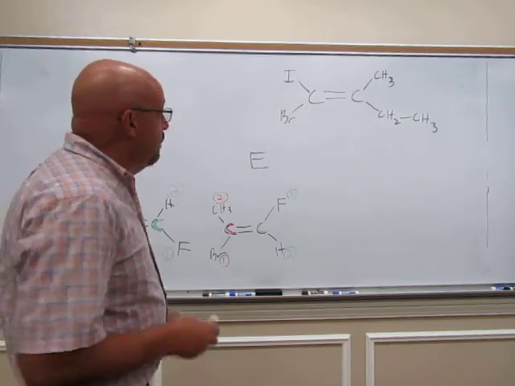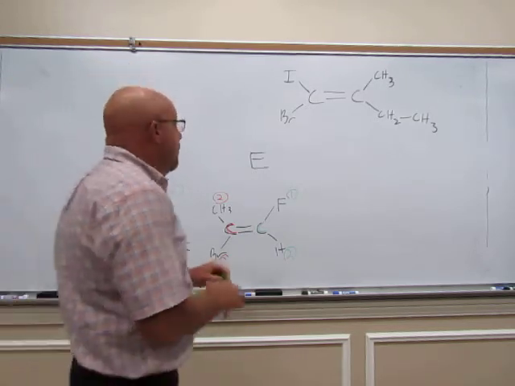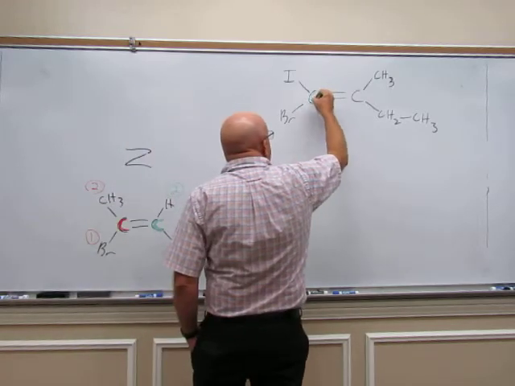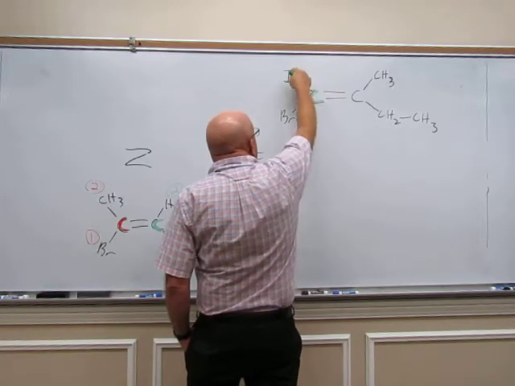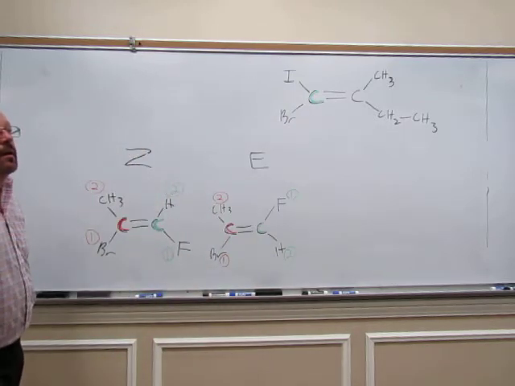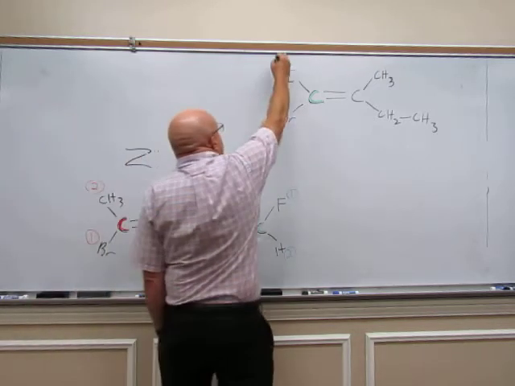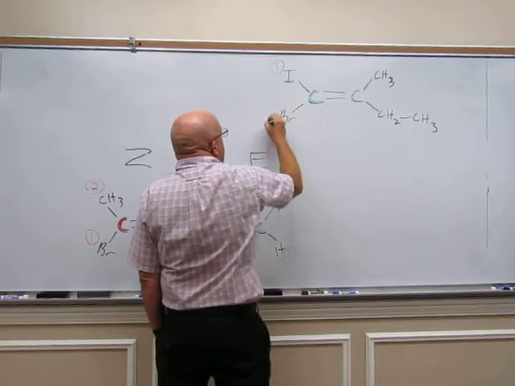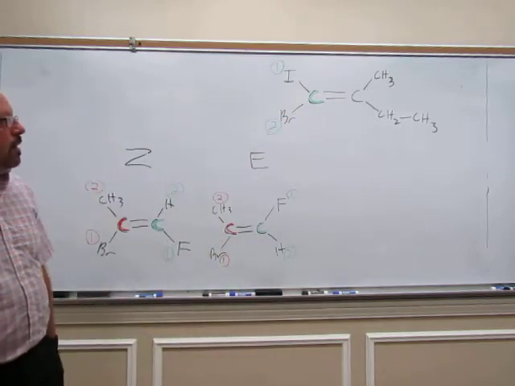Let's see what we got here. Go to the first carbon of the double bond. Assign priorities. The iodine and the bromine. Iodine's atomic number 53 on the periodic table, bromine's number 35. Iodine is the top priority, the bromo group is the second priority.